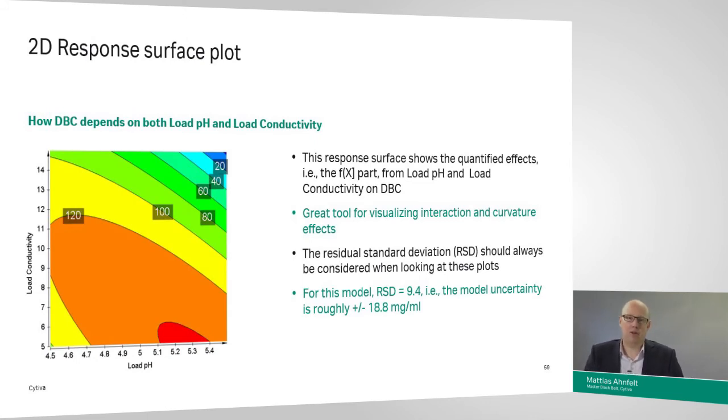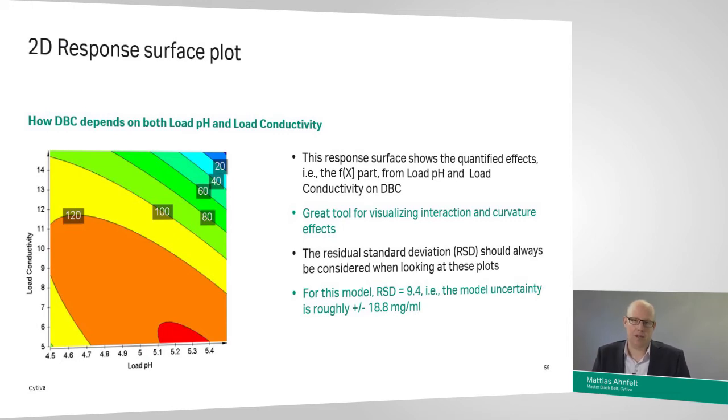Finally, a very powerful interpretation tool is also offered by the two-dimensional response surface graphs, where we choose two of our x's. In this case, we only have two, the pH and the conductivity, and then we make a graph of the polynomial predictions from the transfer function across the whole two-dimensional window for these two parameters.